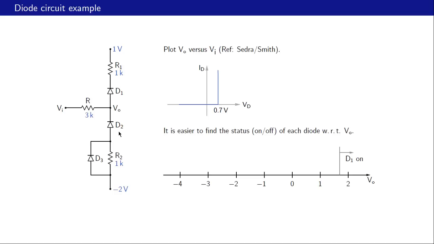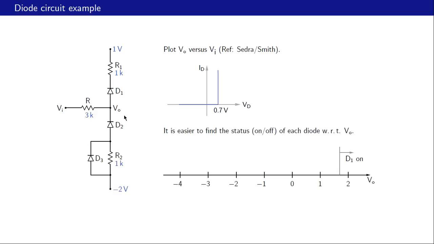Let us now look at D2. When D2 just begins to conduct, this current is still small, and we don't have any voltage drop here, and then the total voltage drop between this node and that node is 0 plus 0.7, that is 0.7 volts, and that would happen if Vo is 0.7 volts lower than minus 2.